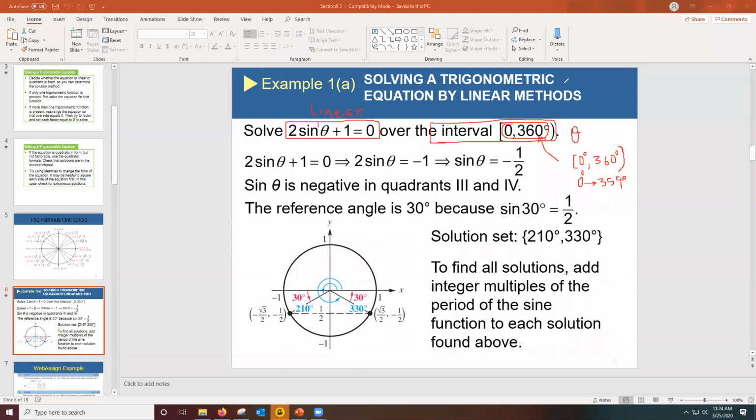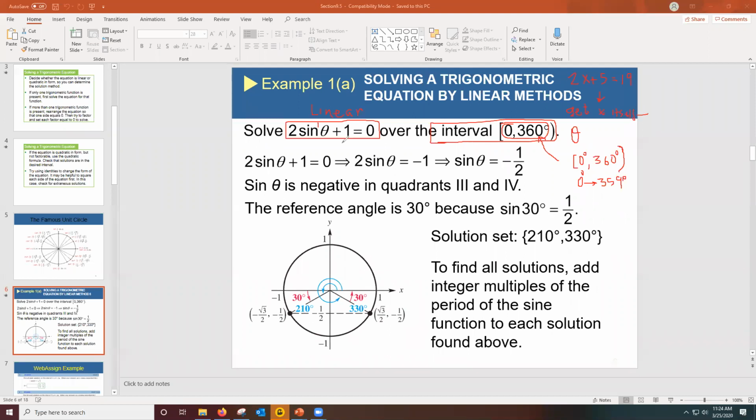I mean, you remember solving a linear equation like 2x plus 5 equals 19, for example, right? If you were solving this simple linear equation, your goal would be to get x by itself. Well, that's exactly what we're going to do here. We're going to try to get the trig function by itself on one side. So let me do that.